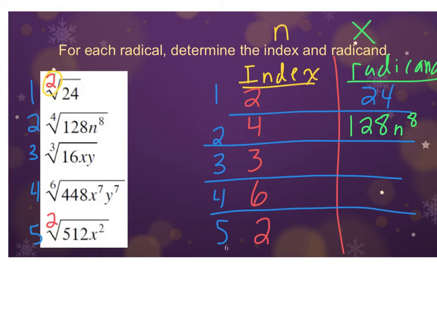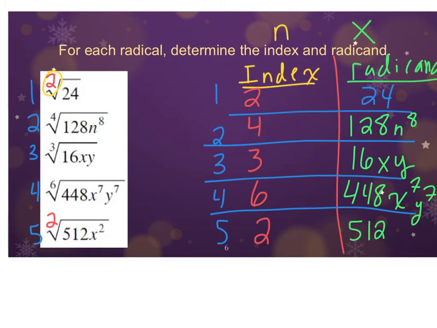On number 3, we have a radicand of 16xy. Number 4, our radicand is 448 x to the 7th, y to the 7th. And for number 5, our radicand is 512 x to the 2nd power.